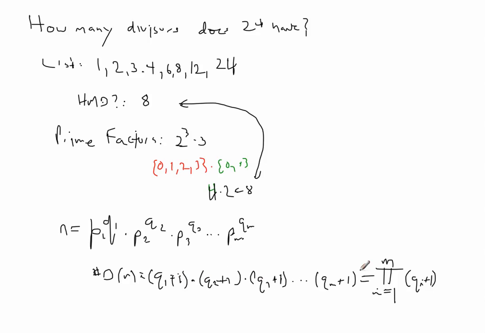You just take the product of one more than each of the exponents of the prime factors. Now, as a quick aside, for this to work, it relies on this prime factorization first of all existing and also being unique. We're not going to prove this in class, but this is the fundamental theorem of arithmetic: every number can be factored uniquely into a product of primes.